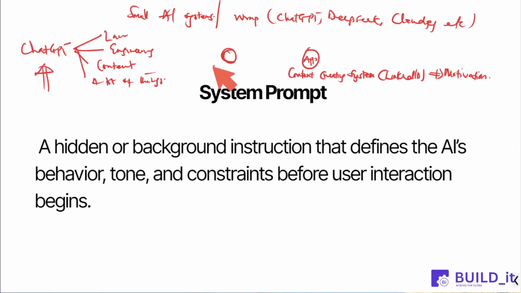So let's say this is ChatGPT. Before that, you have to tap into the functionality of ChatGPT, right? Now you have to provide a system prompt. The system prompt is what is going to guide it to only focus on generating the content around motivation for you. It's more like you are giving it a set of instructions that tells the system to perform a specific task.